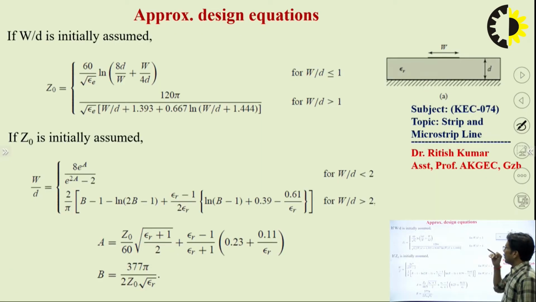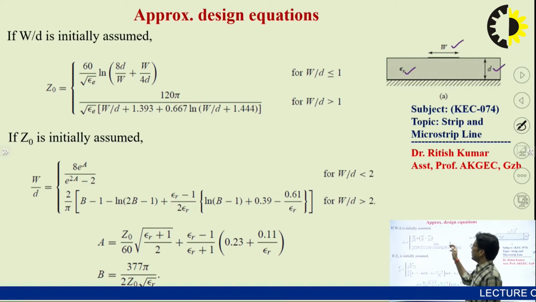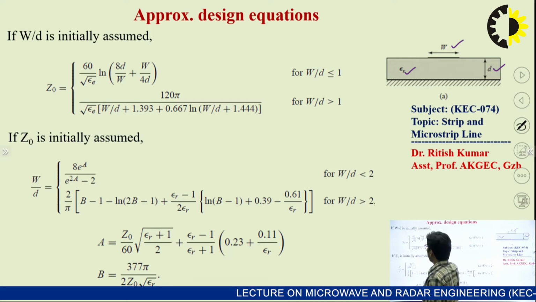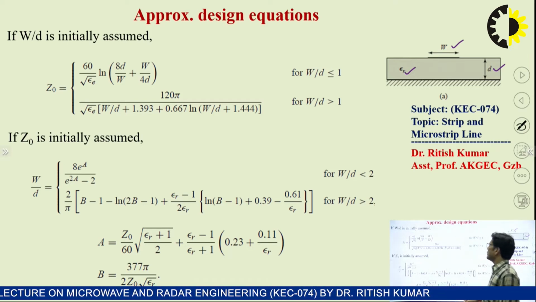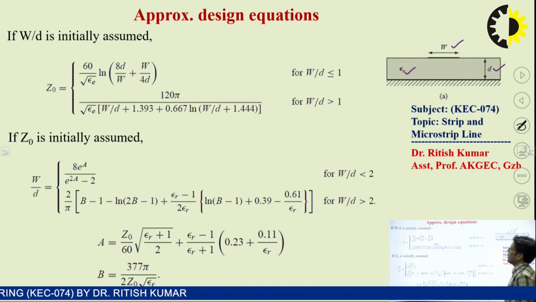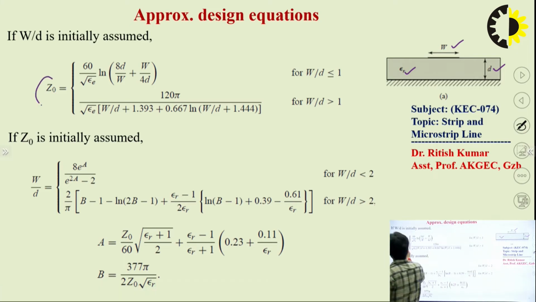So this is the main advantage of having a higher effective relative permittivity of the substrate. Next, the design equations. As we discussed in the last slide, the main parameters are again W, D and epsilon R. These are all empirical formulas to get the characteristic impedance of the microstrip line, represented by Z0.